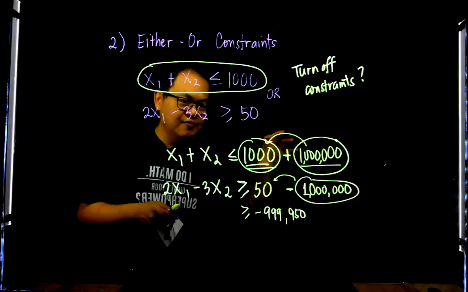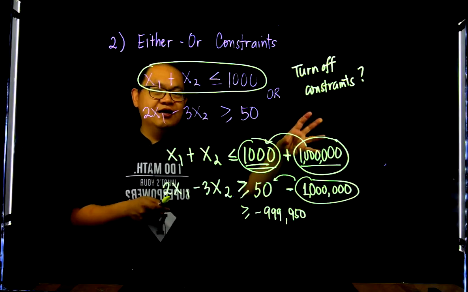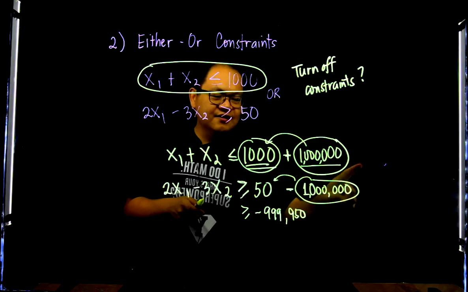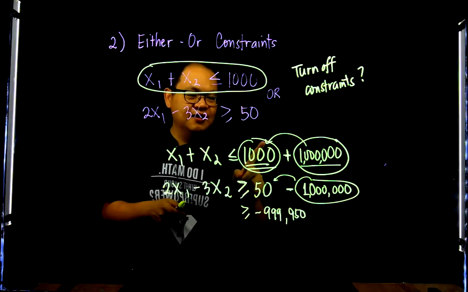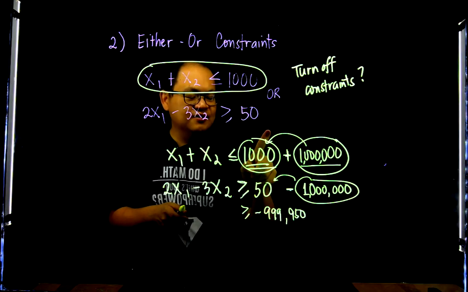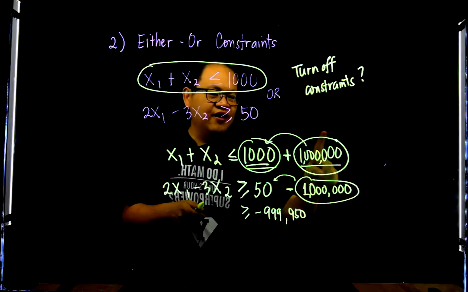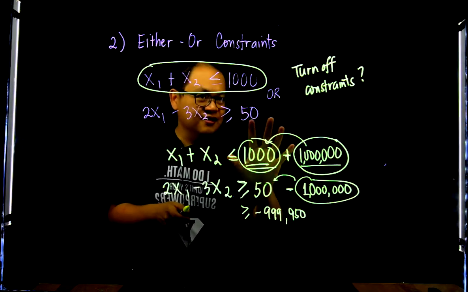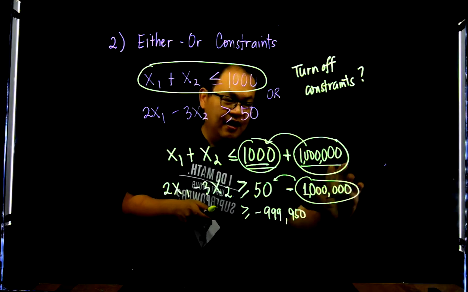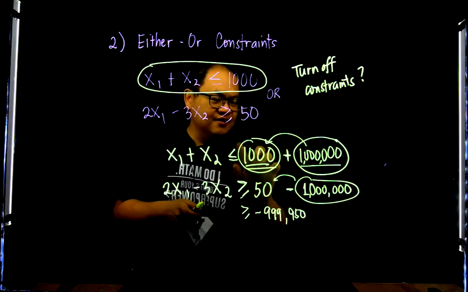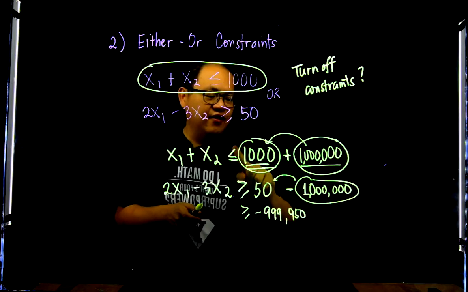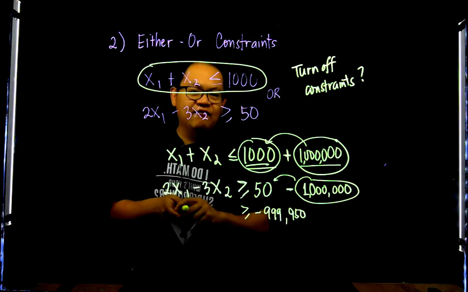You need to make your right-hand side very, very big so that whatever the right-hand side is, it doesn't matter. It seems like if your right-hand side is a very, very big number, then that is a supply value, and if your supply is a very big number, then you won't have any problem with that.